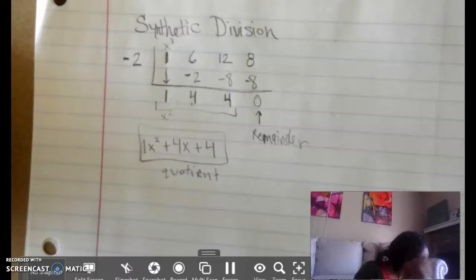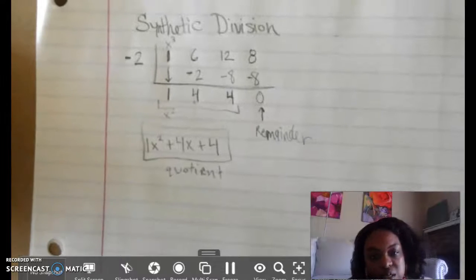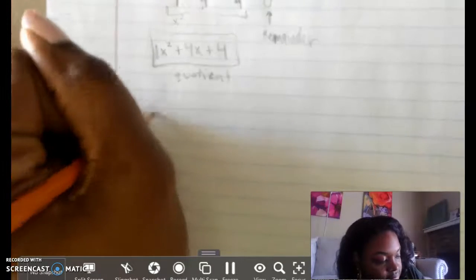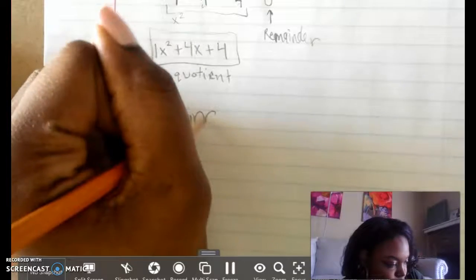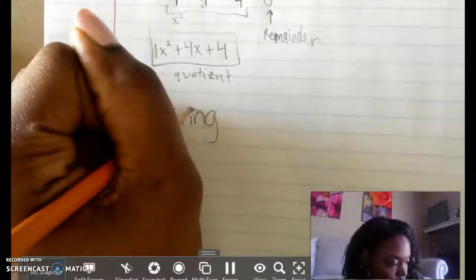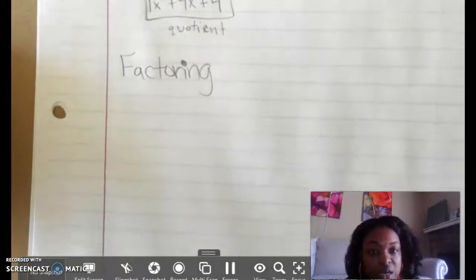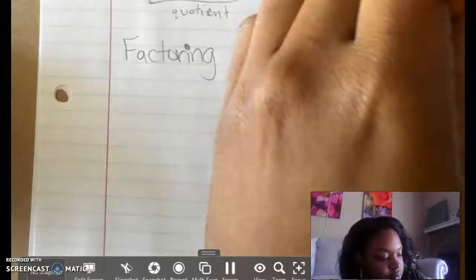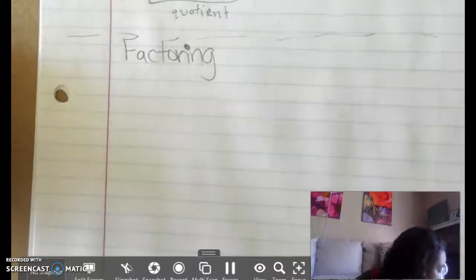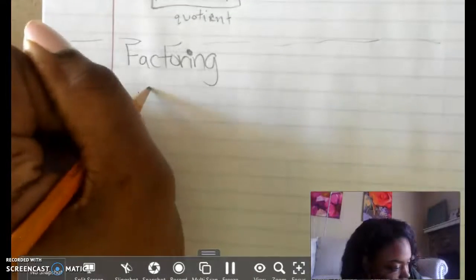So let me give you an example of this last method of factoring. So let's say you're given a polynomial that you want to factor.